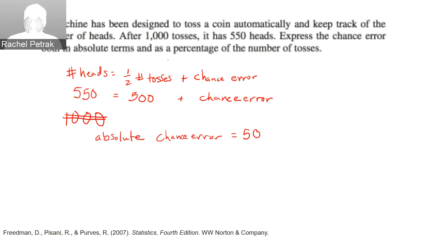We also need to represent it as a percentage of the number of tosses, and that's a much more accurate way to present the chance error. We already know that the chance error is 50, but to make it a percentage, we need to put our 50 over the number of tosses.